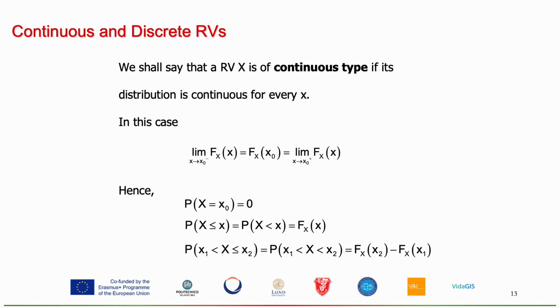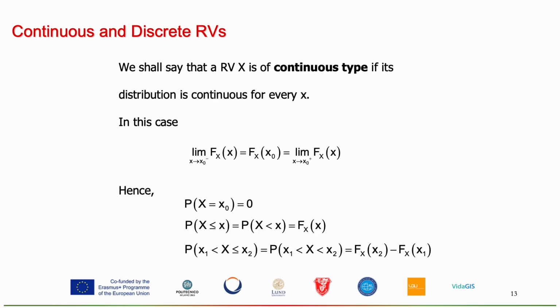Now, this was a cumulative distribution function, discrete. What about continuous random variables? We can say that a random variable x is continuous when its distribution is continuous for every x. So in this case, the limit for x that tends to the left to a certain value must be equal to the limit of x that tends to the right to the same value, and it is exactly f of the assigned value.